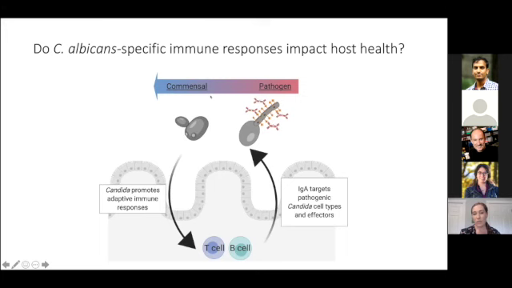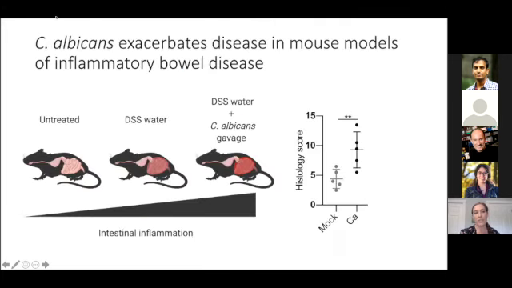And so specifically, how does this immune sculpting impact inflammatory bowel disease? So there have been a number of studies now that have demonstrated that Candida albicans is potentially pathogenic during IBD in both humans and in mouse models. And the mouse model that we use for inflammatory bowel disease is this DSS model of colitis.